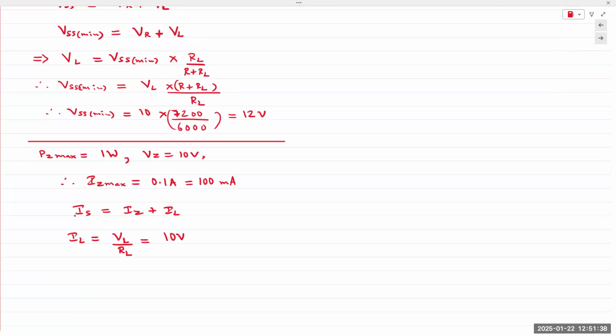VL is the same as VZ, so it's 10 volts divided by 6,000 ohms, and we get 1.667 milliamps. This is the current that must be kept constant for RL. So if the supply current increases, the Zener diode must provide a pathway for the extra current to go through. If the extra current goes through Zener, IL remains constant. Does the concept make sense?